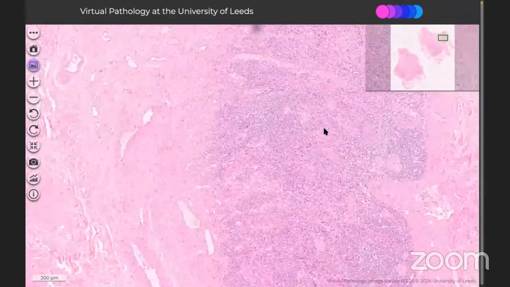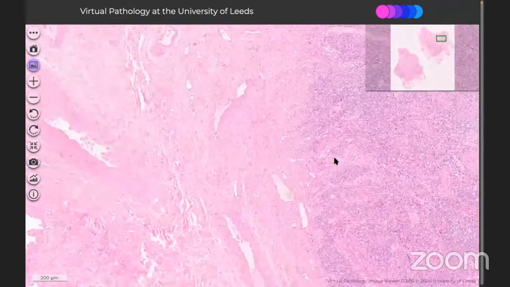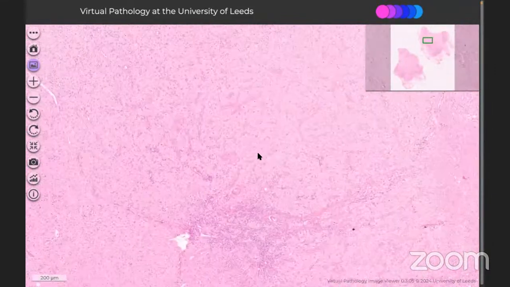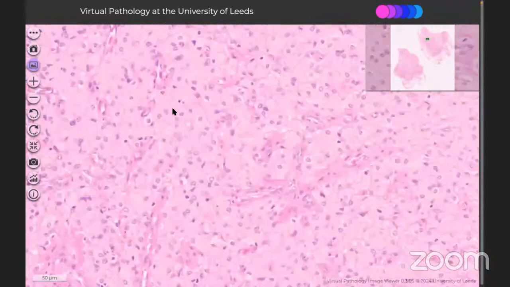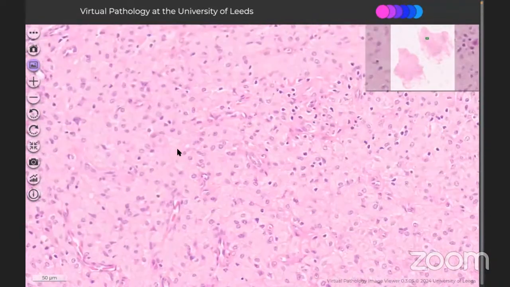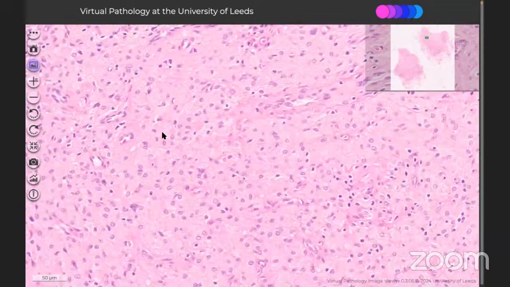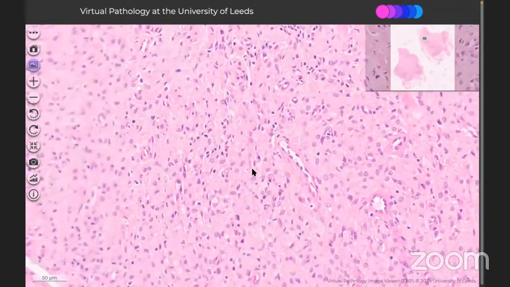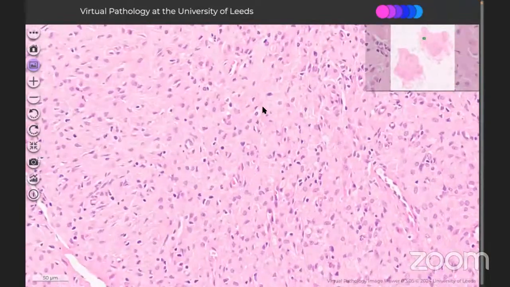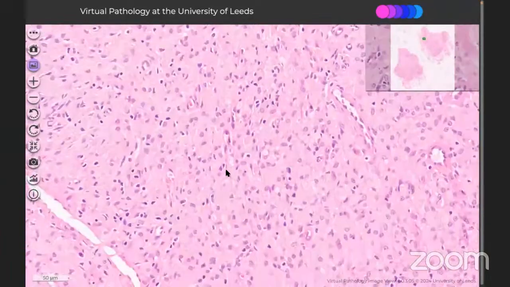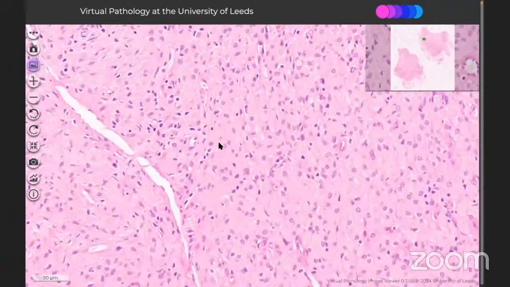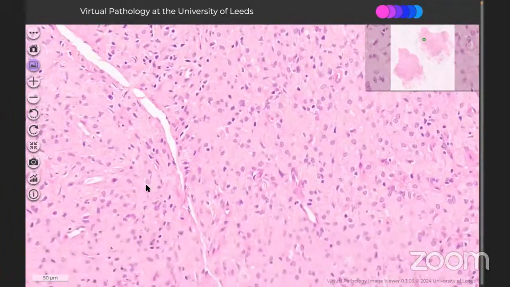So we need to exclude that there is any atypia in the histiocytic element, and they are more or less very benign or banal histiocytes, and there is no atypia or mitosis seen. And if you go down, you see that these histiocytes are filled with eosinophilic or granular cytoplasm.